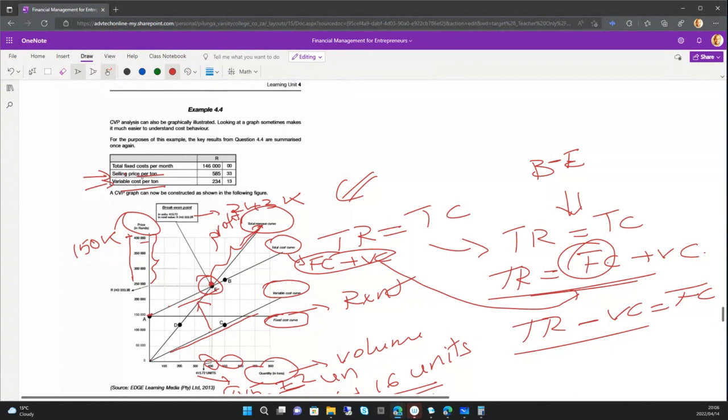Because they want you to be able to find the fixed cost per unit, per ton. Sorry, here it is ton. So you can find the fixed cost per ton by just taking the selling price minus the variable cost.